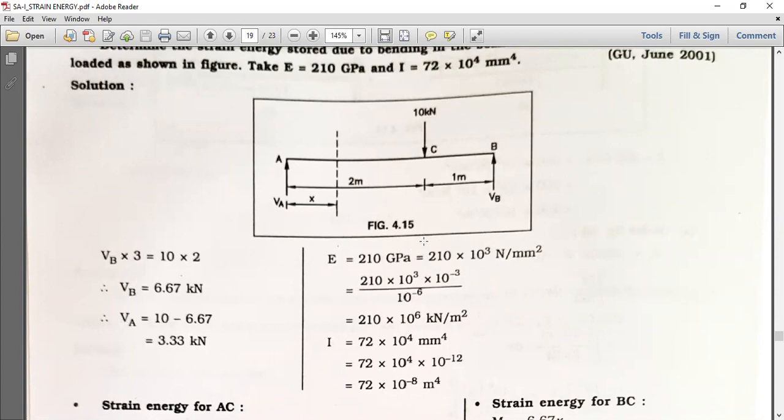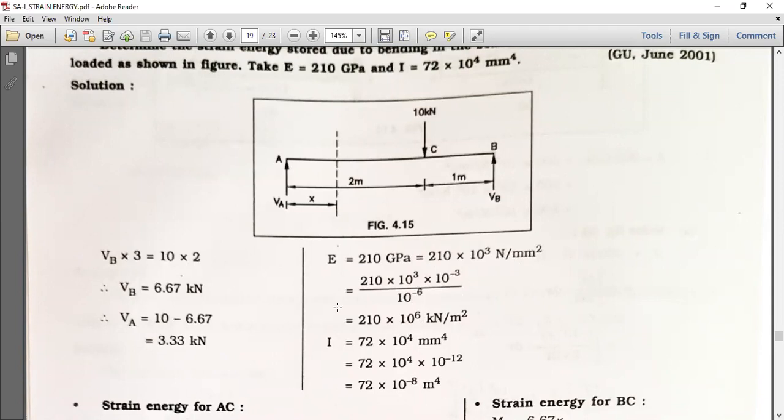Now E is equal to 210 gigapascal, which is 210 into 10 raised to 2 Newton per mm square. To convert it into kilonewton per meter square, we put 10 raised to 3 for converting Newton into kilonewton and 10 raised to 6 for converting mm to meter.